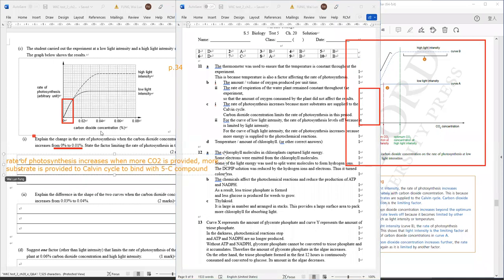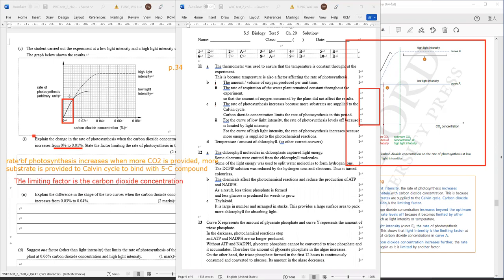So in this case, what is the limiting factor? The limiting factor is the carbon dioxide, the CO2 concentration. Okay, because how do we study the limiting factor?